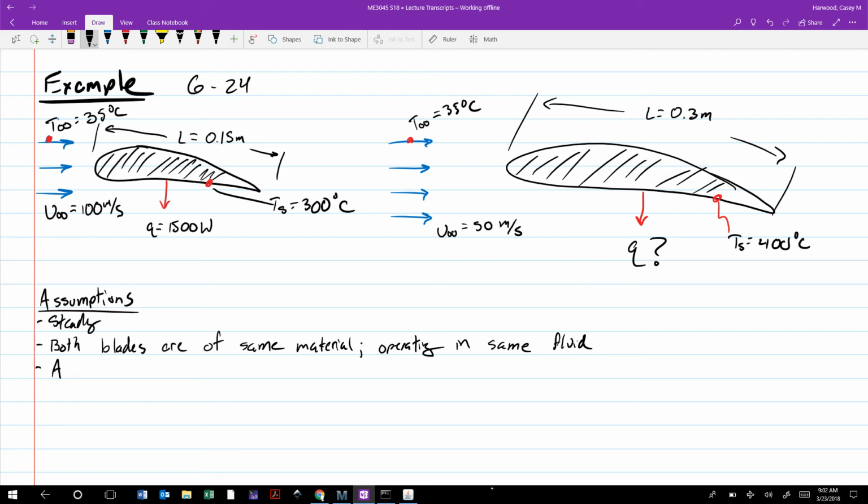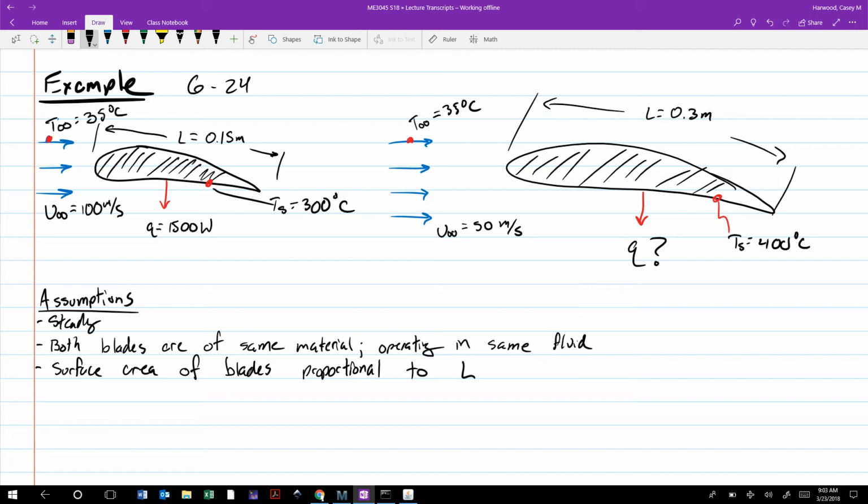And we're going to say that the surface area of the blades is proportional to L. In other words, let's say this one's 1 meter into the page.